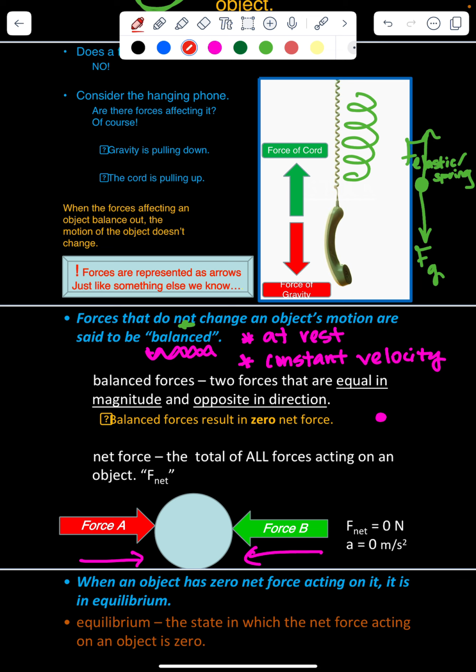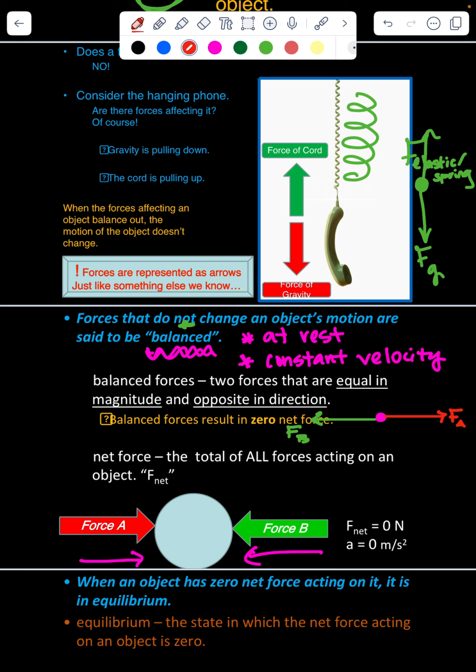Our force A is a rightward force, so we're going to draw it coming out of our object, going to the right. And our green one is a leftward force, so we're going to draw it coming out of our object and going to the left. As you can see here, they are relatively the same size, so we're going to give them numerical values.